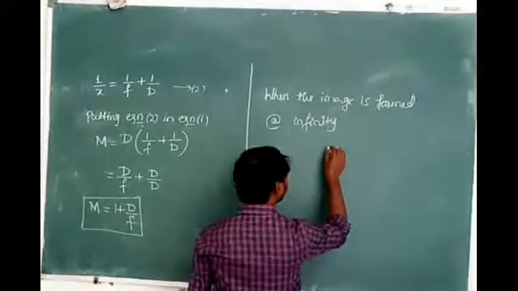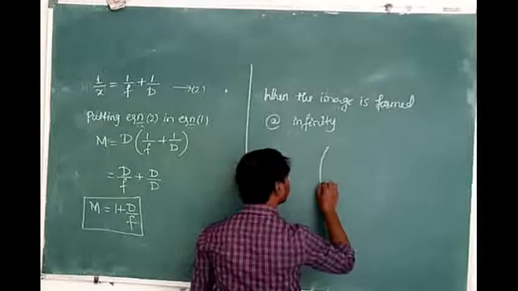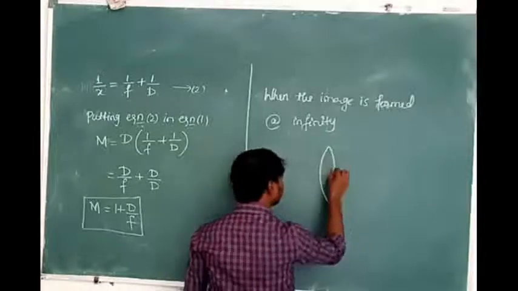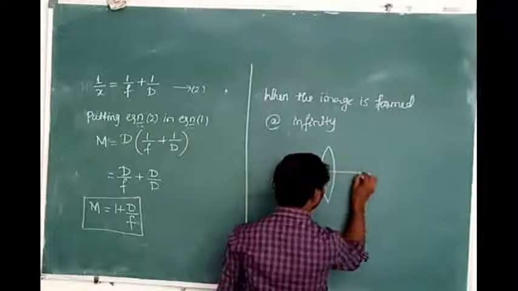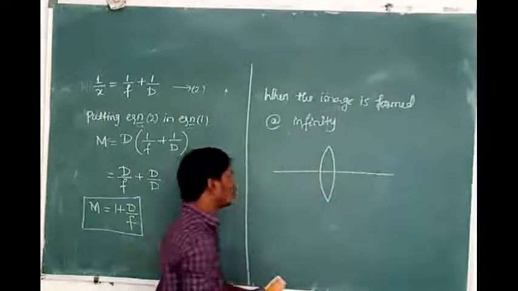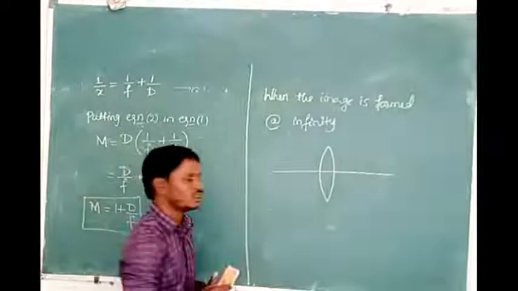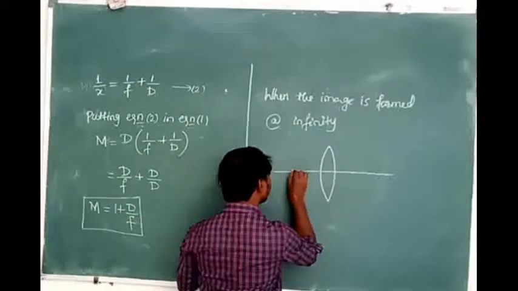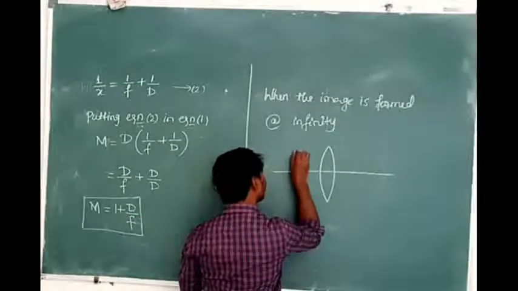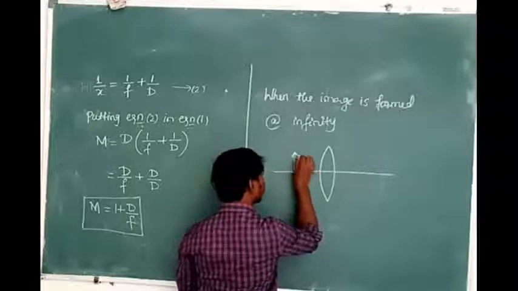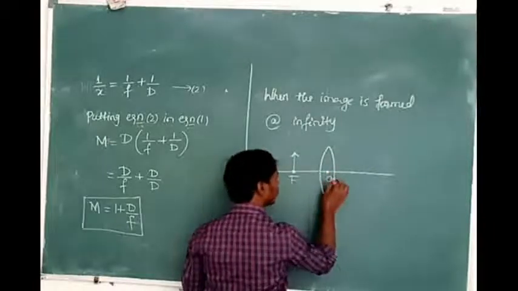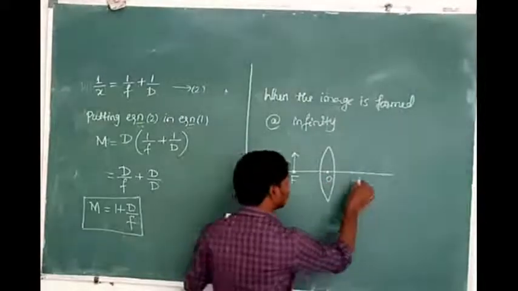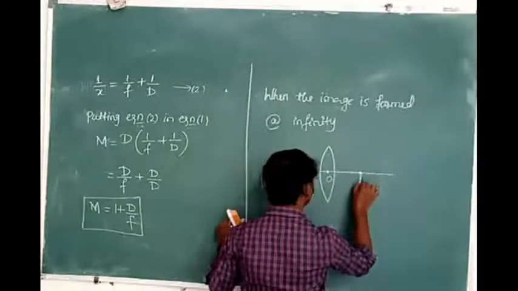Now let us take a convex lens. Suppose we adjust the position of the lens so that the object distance is equal to the focal length. Object is exactly at principal focus, and it is the optical center, that is O, and it is the second principal focus, that is F again.